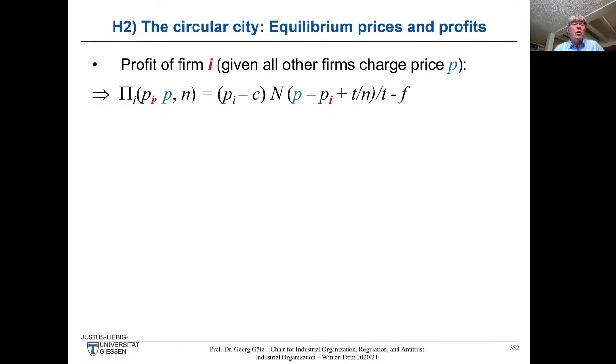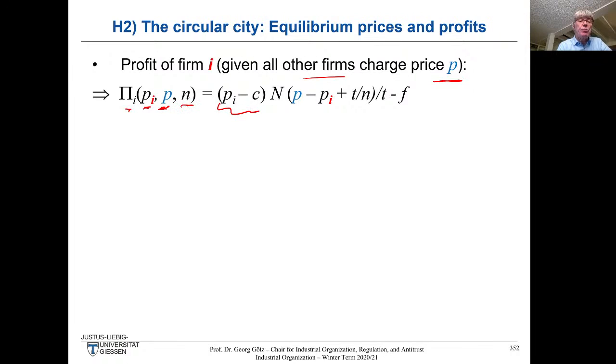And now we are looking into the firm's decision given a certain number of firms, and given that rivals charge a price P. And actually, it's not all others. The important thing is that your two neighbors charge this price here. So if we want to analyze the profit of firm i, firm i chooses Pi, and its profit depends on the price of the other firms, which we assume is symmetric, and on the number of firms.